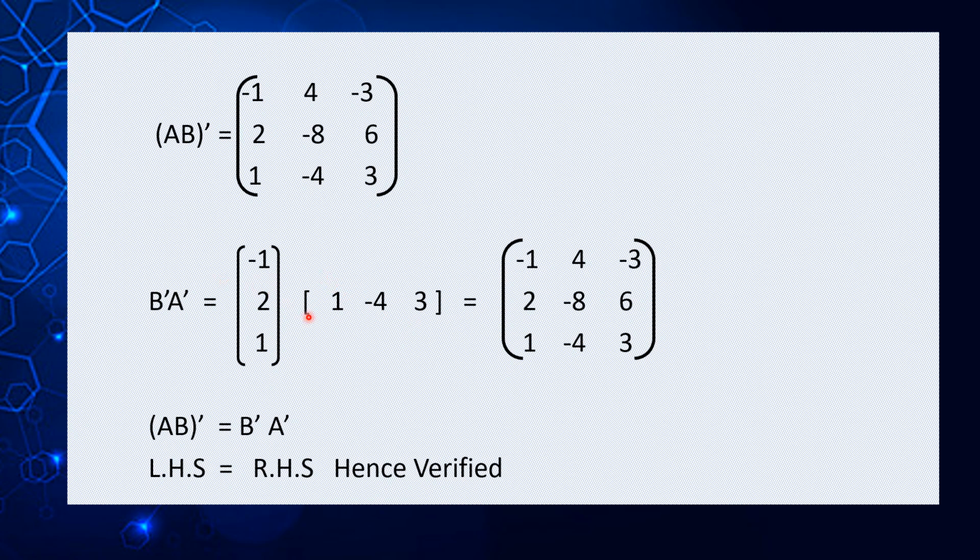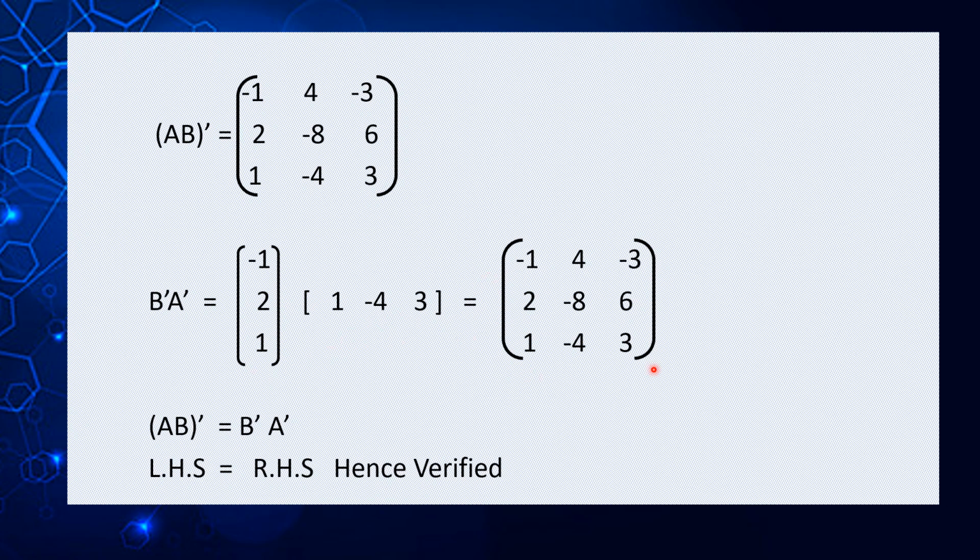Now minus 1 into 1 would be minus 1, minus 1 into minus 4 would be 4, minus 1 into 3 would be minus 3, 2 into 1 would be 2, 2 into minus 4 would be minus 8, 2 into 3 would be 6, 1 into 1, 1, 1 into minus 4, minus 4, 1 into 3 would be 3.